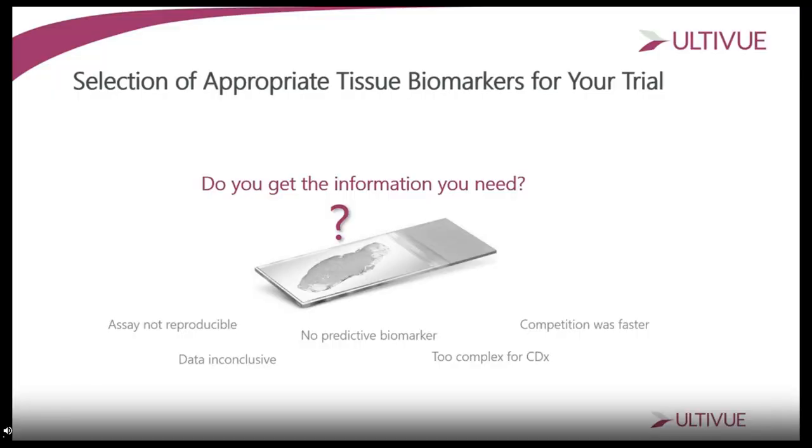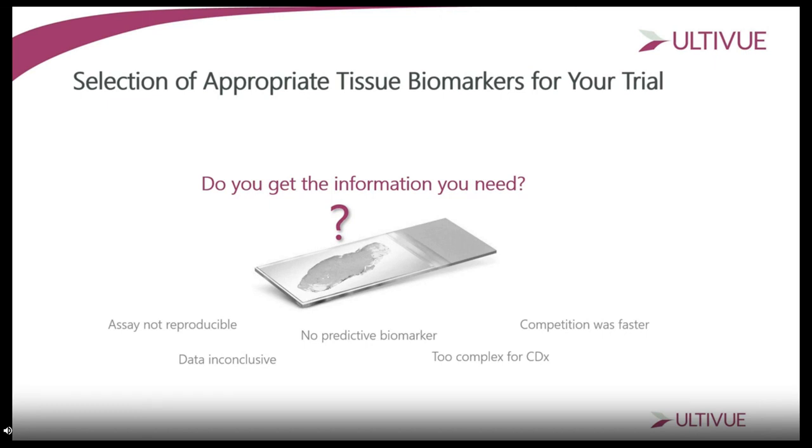Multiplex IHC becomes also critical when working with very precious clinical samples, trying to provide data to make a decision on whether or not to move a drug forward. So in this context, the selection of the appropriate tissue biomarker coupled with the spatial analysis becomes really key for generating as compelling as possible data from the very few samples that are available at this initial stage of clinical trials.